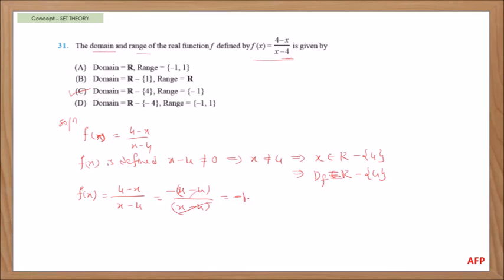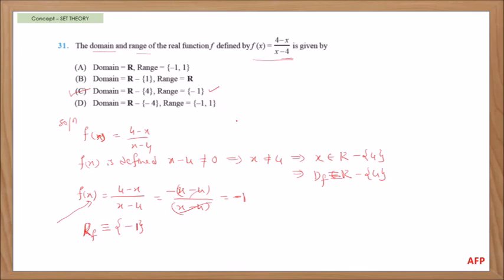So this is a constant function. Whatever the value of x you substitute, you are getting only one value, that is minus 1. So the range of this constant function is the set {minus 1}.